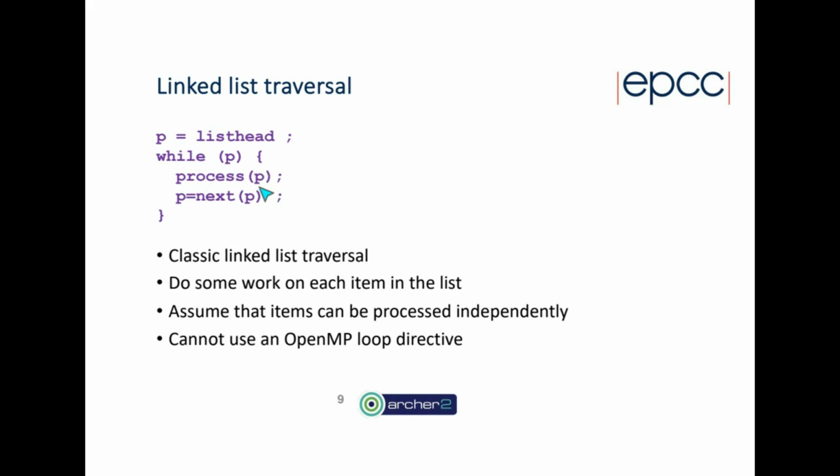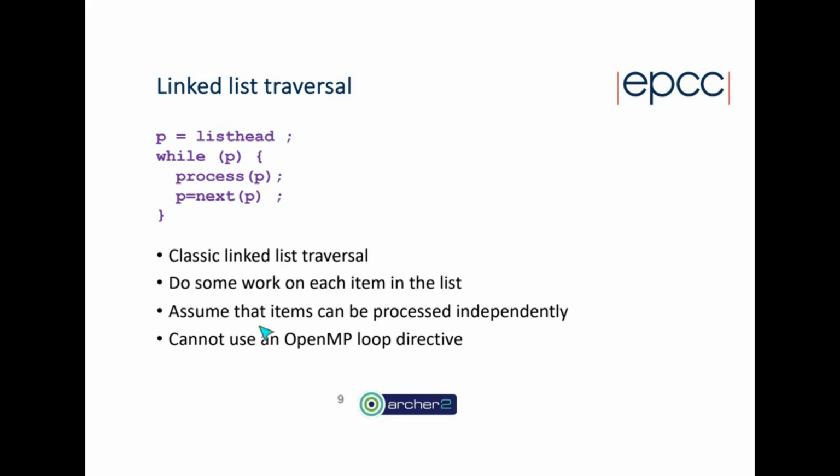Then we call this next function, which will update P to point to the next item in the list. So we keep going through the list. Eventually, the last item in the list will have a null pointer to the next item, and the while loop will terminate.